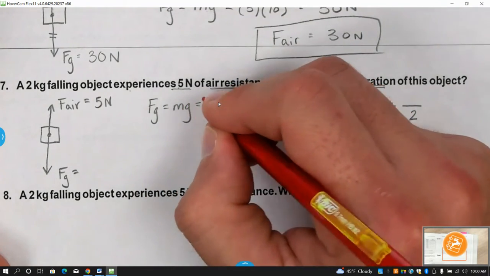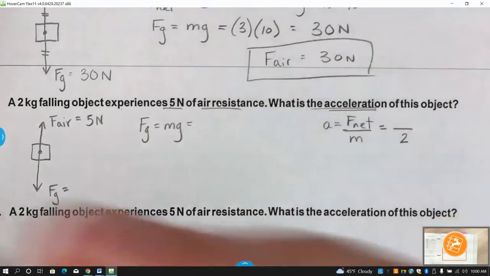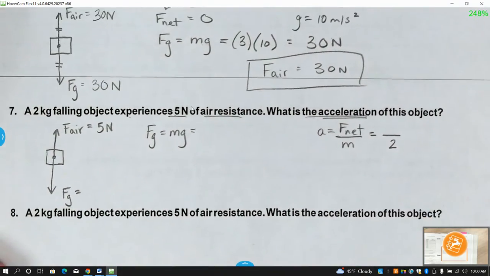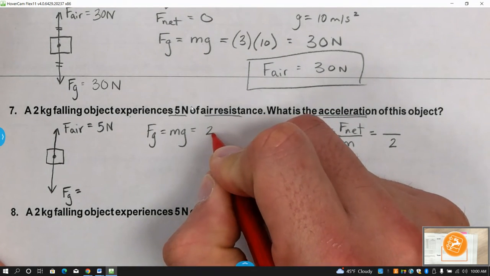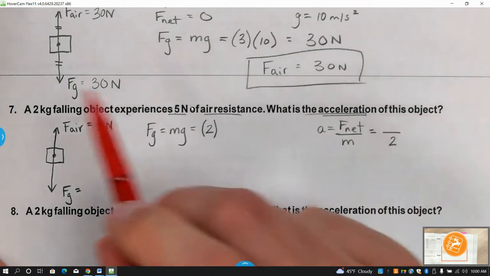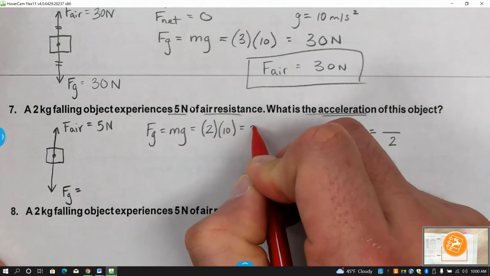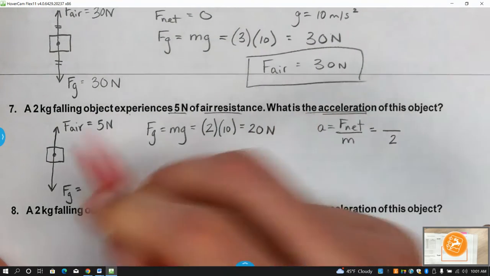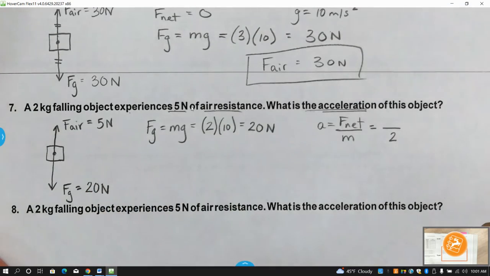What number did we say we were using for gravity for us right now? Well, that's the true value, but for our calculations, we're going to use 10. If this thing is 2 kilograms for the mass, and gravity is 10, what's 2 times 10? 20, so this is 20 newtons down.